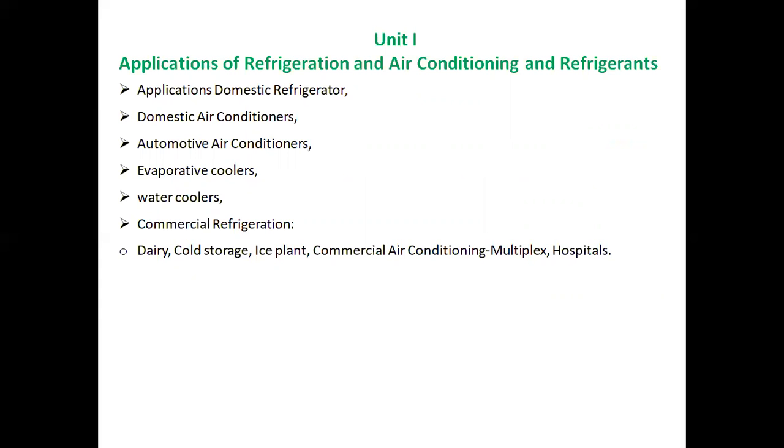Different types of applications that we deal with in day-to-day life are domestic refrigerators, domestic air conditioners, automotive air conditioners, evaporative coolers, and water coolers. When it comes to commercial refrigeration, we can directly or indirectly use it for dairy, cold storages, and ice plants, and in commercial air conditioning, as you can see in multiplexes and hospitals, we can use refrigeration.